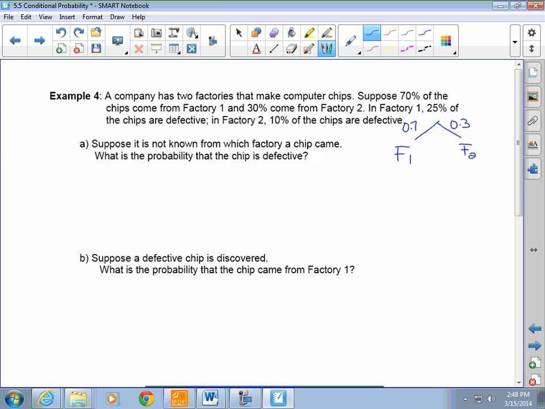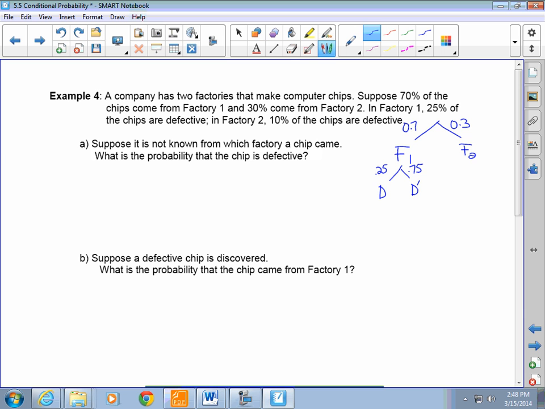In factory 1, 25% of the chips are defective. So we think of this as defective and not defective. We have a 0.25 there. So that means you have a 0.75, or 75%, chance that they are not defective.